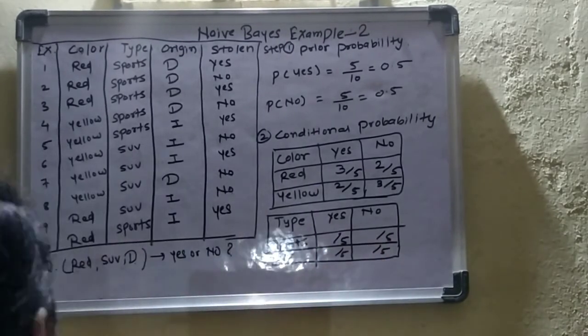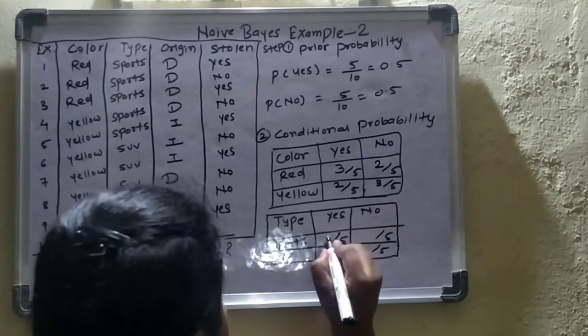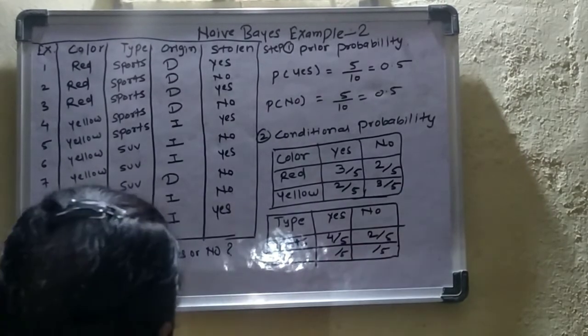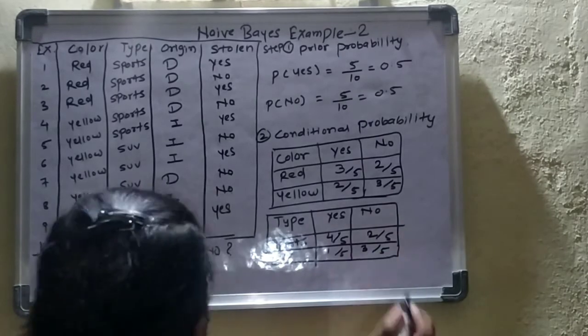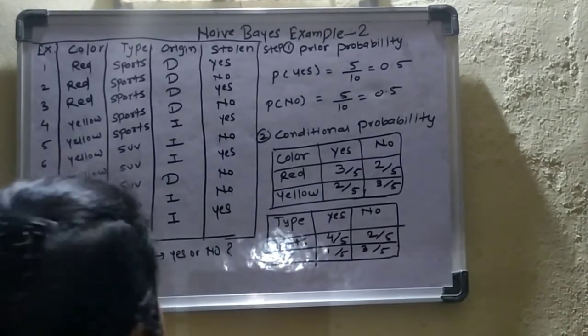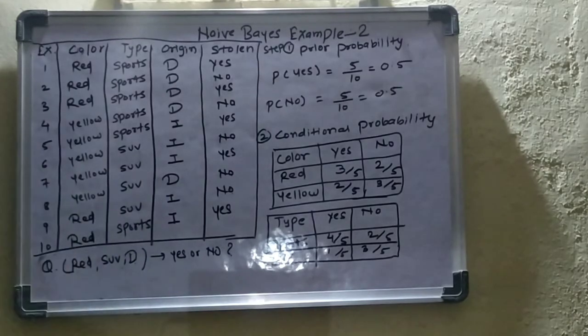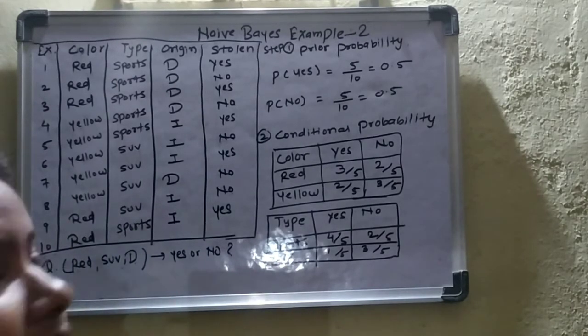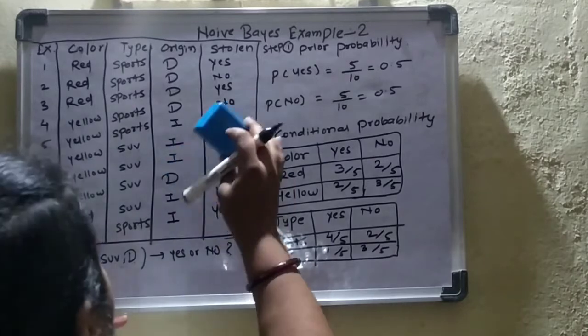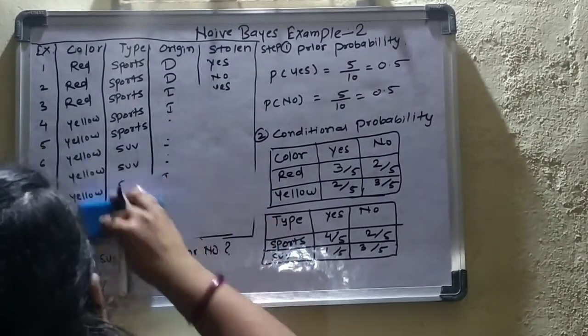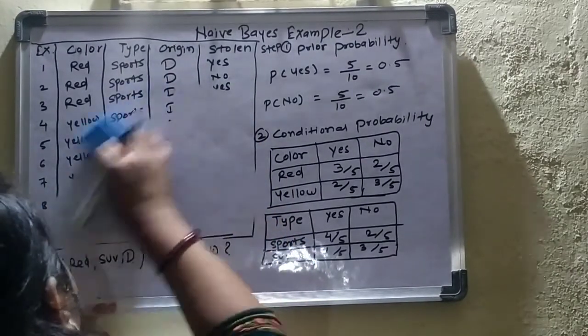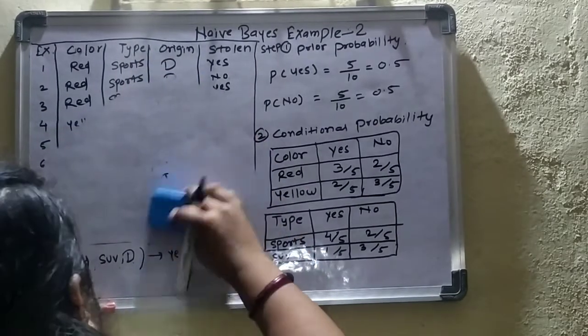And we will check in sports how many times yes is there. So that we will write as the value. I have previously done the calculation, so I can easily write it here. Similarly we will do it for the third table also. Now I have the numerical rotated here, so I will erase this table so that it will be easy for me for the calculation.